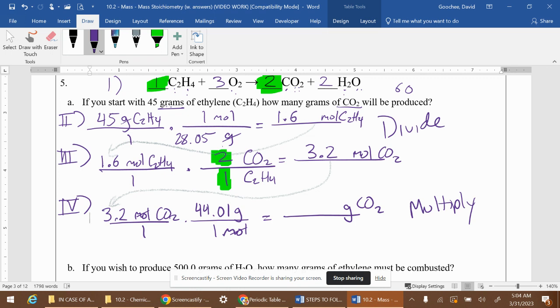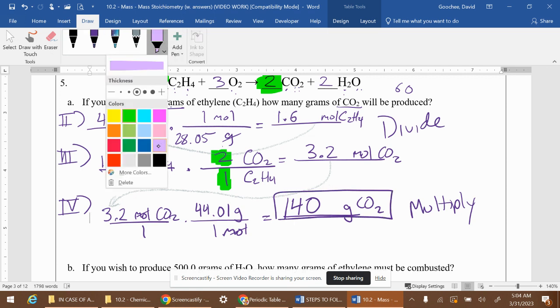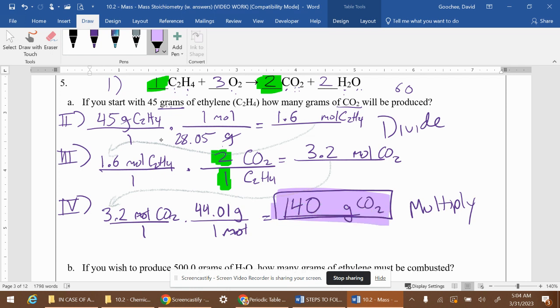So 3.2 times 44.01, and we get 140 grams of CO2. If you burn 45 grams of ethylene, you will produce 140 grams of carbon dioxide. All right, cool.